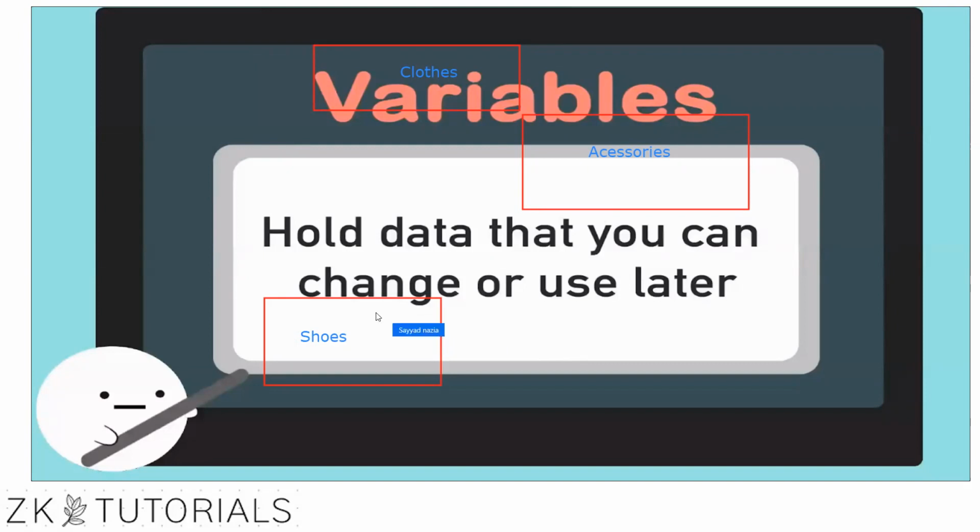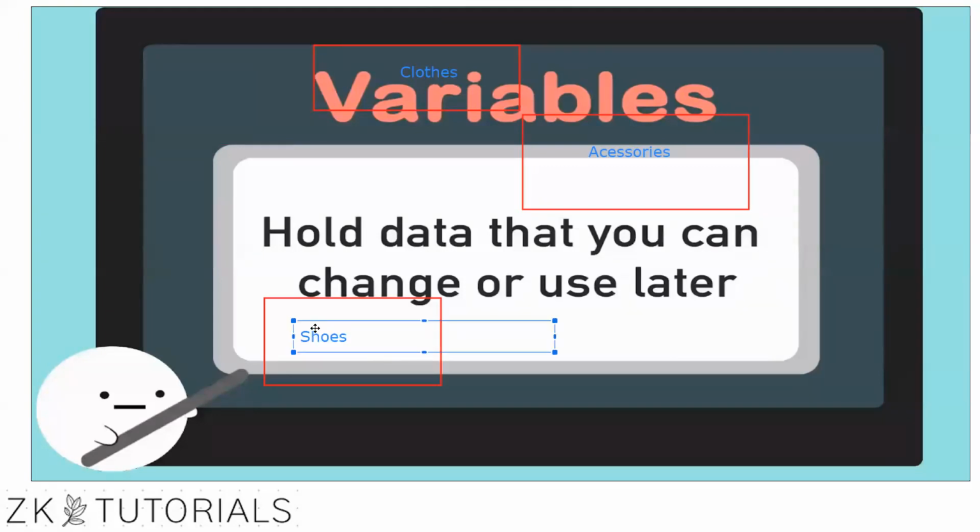So this box is basically a variable, and what it is doing is holding the data. What kind of data does this box have? The shoe data, that you can change. You can change shoes to accessories and accessories to shoes, like you can change the contents of the box, or use it later.